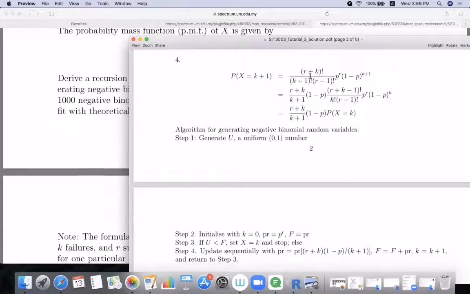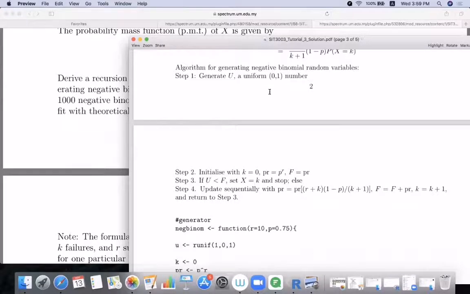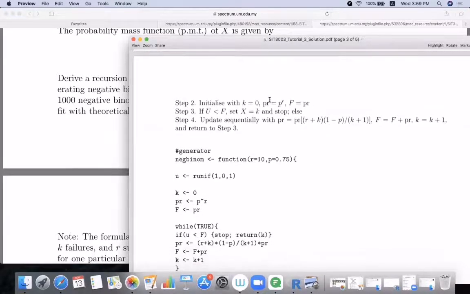So you work out the recursion identity first. Okay, so do some algebra here, you rearrange, you will get this recursion identity, right? And after that, you basically just follow the algorithm that you use to generate Poisson or the binomial random variable. Okay, these steps are the same.